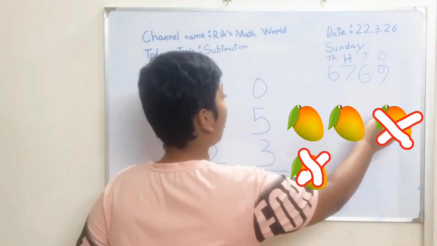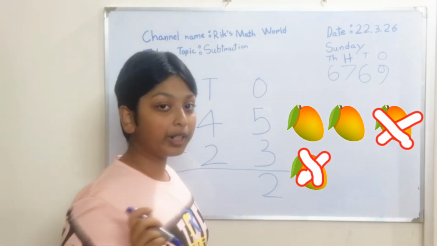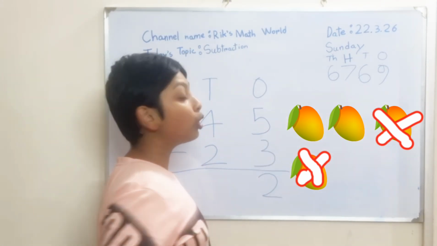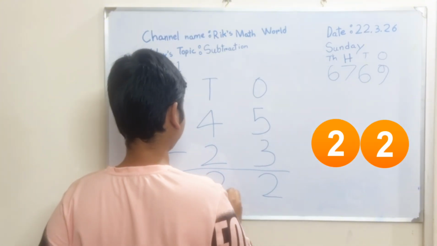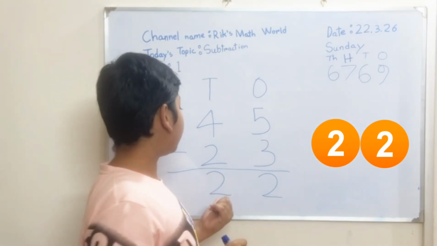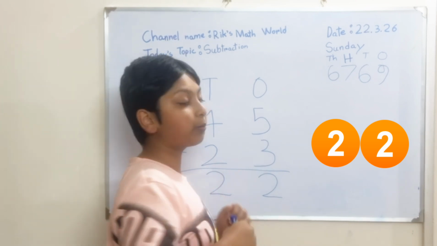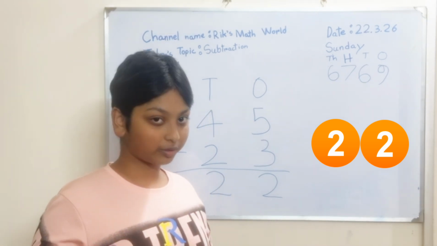So you give 2 of them to your mother. So how many remain? 1, 2. 2 mangoes are remaining. So we write here 2. So the answer we got for this math problem is 22.